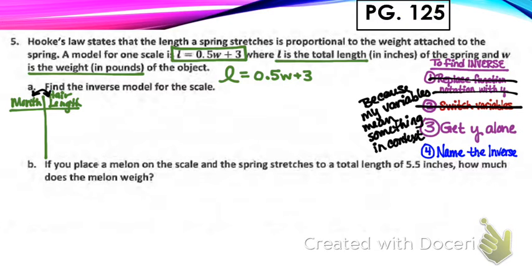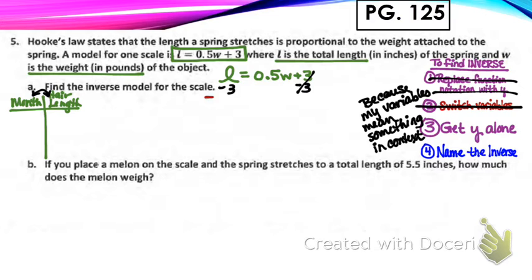Because to switch them around would mean to make W go with the other numbers, and to make the L go with the other numbers. I want to keep them with the numbers they describe. So minus 3 on the 0.5 and W. Yep, I do want to undo all the operations, so you're absolutely correct. We're going to subtract 3 from both sides.